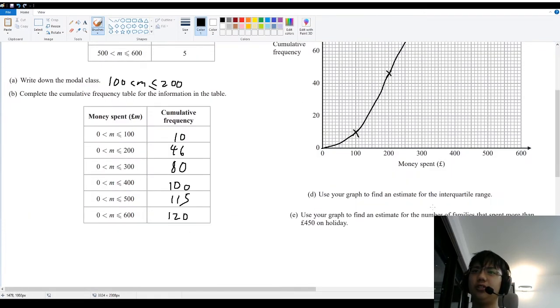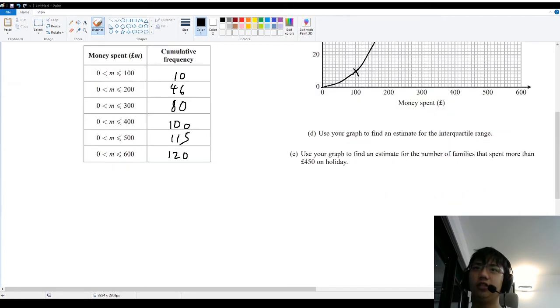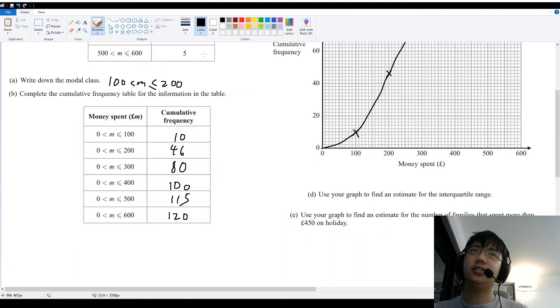So now we have part D and part E down here. So part D wants us to use our graph to find an estimate for the interquartile range. So what we can do here is for the lower quartile, the cumulative frequency will be 30. So we draw a line here from 30 to the graph over here, then down like this.